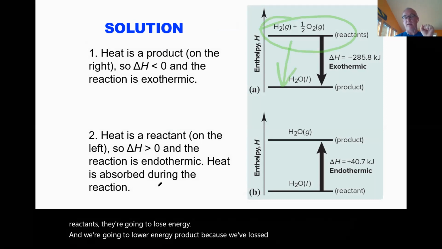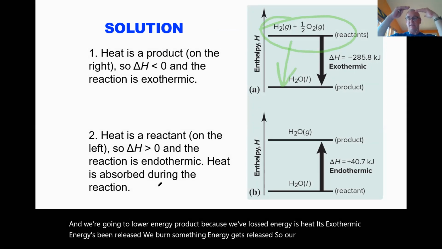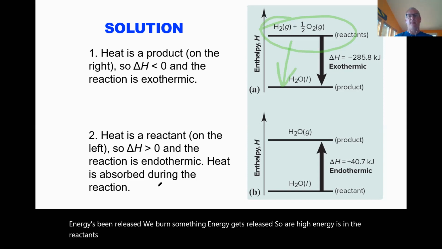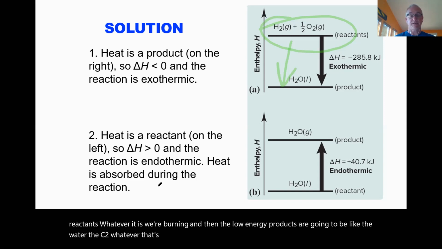It's exothermic. Energy's been released. When we burn something, energy gets released. So our high energy is in the reactants, whatever it is we're burning. And then the low energy products are going to be like the water, the CO2, whatever is produced as products.